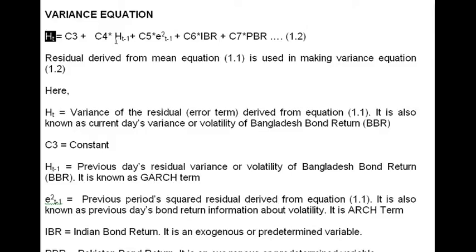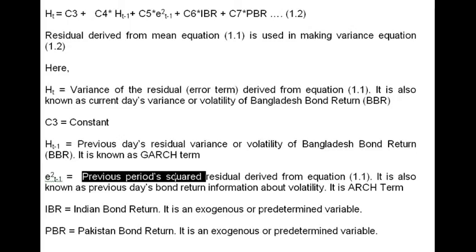Then I talk about e square t minus 1, and the coefficient is C5. What is e square t minus 1? You can see it here. It means the previous period's squared residual derived from equation 1.1.